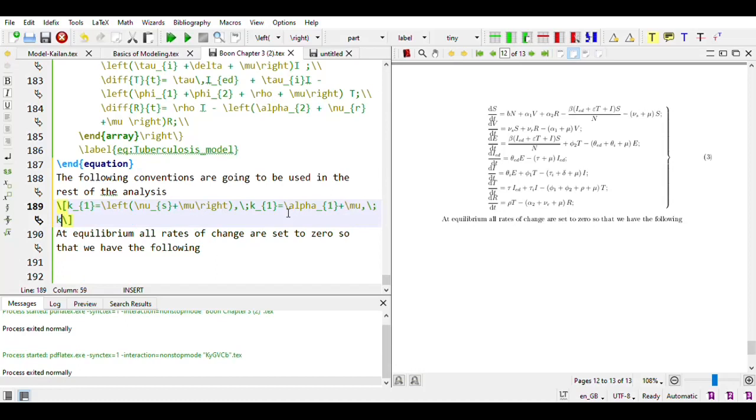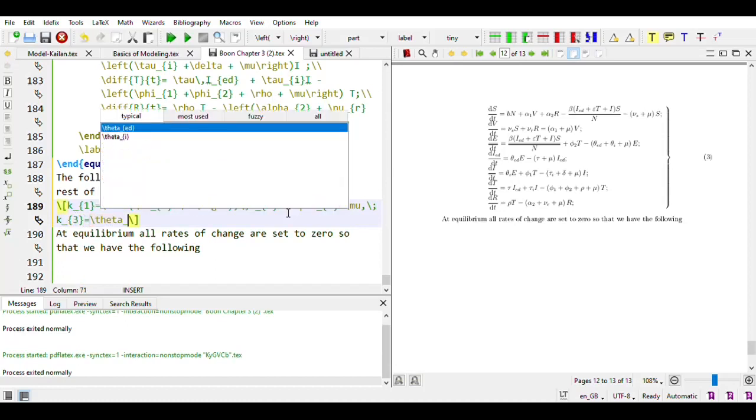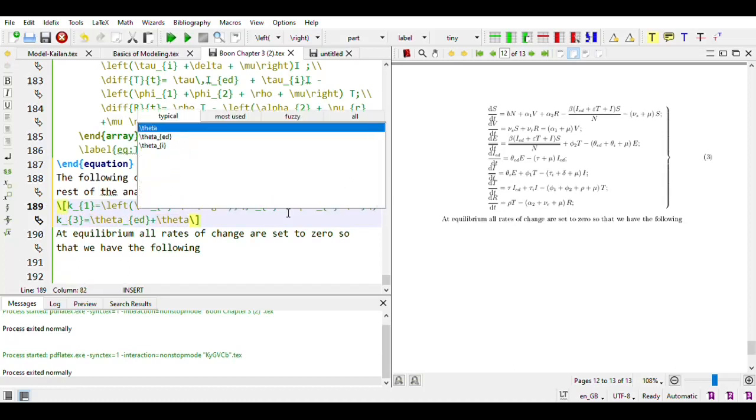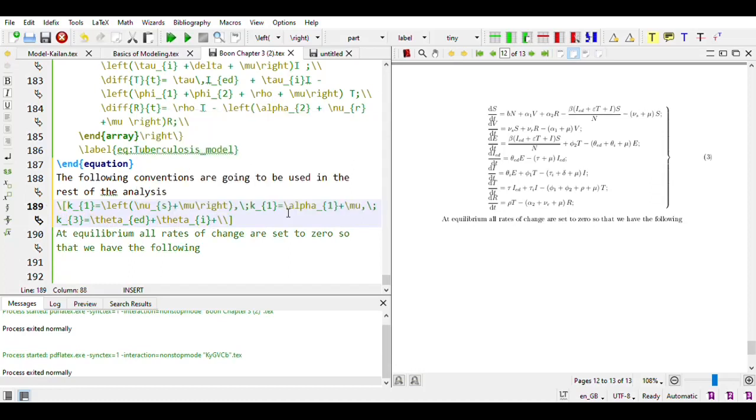Then k3 is going to be theta_ed plus theta_I plus mu.